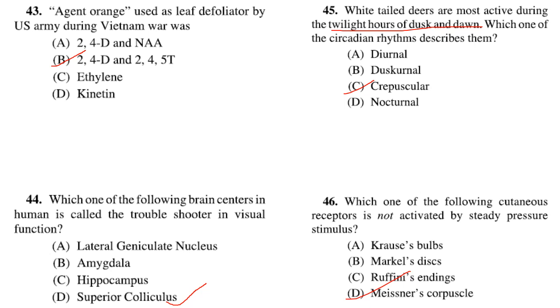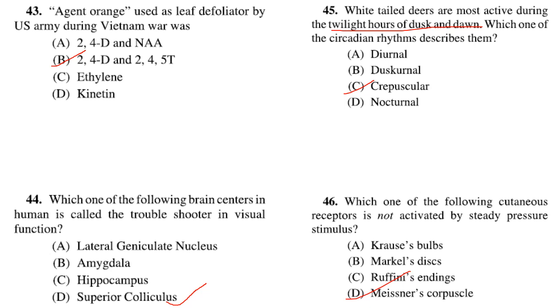Is it diurnal, crepuscular, nocturnal? So they have told it is active during the twilight hours of dusk and dawn. Now circadian rhythm, it is a 24-hour cycle that is part of the body's internal clock. Diurnal rhythm is circadian rhythm which is synchronized to day and night. Crepuscular refers to twilight, the time shortly between sunrise and after sunset.